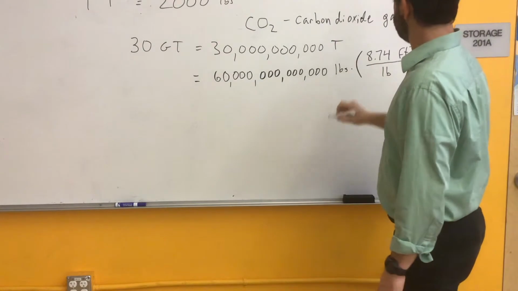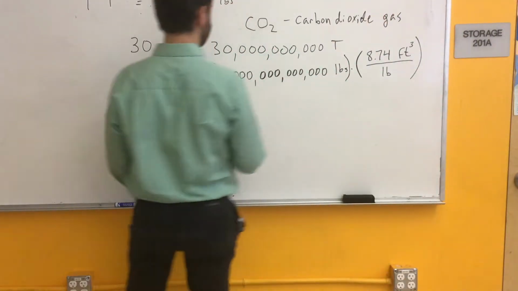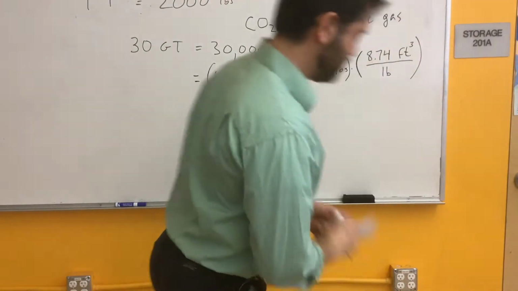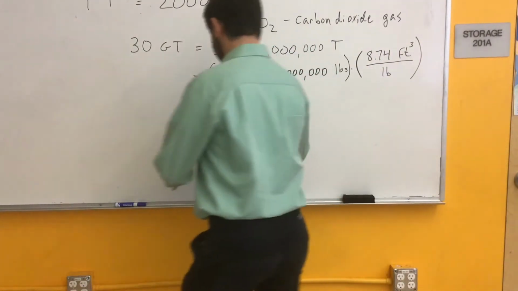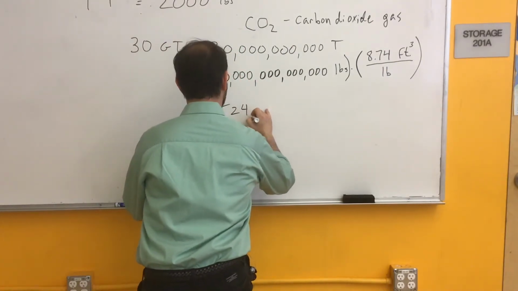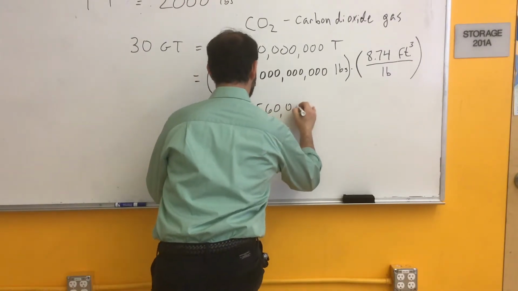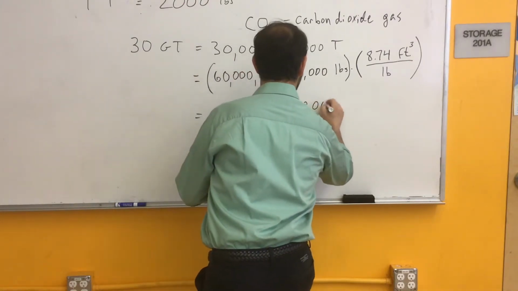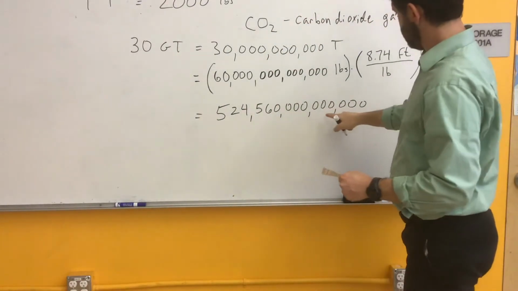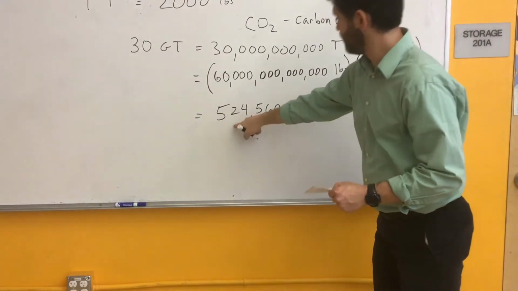So multiplying that, and when we do that, we get the number. I have to look at my little paper here. 524 trillion, 560 billion. So, hundreds and thousands, millions, billions, trillions.